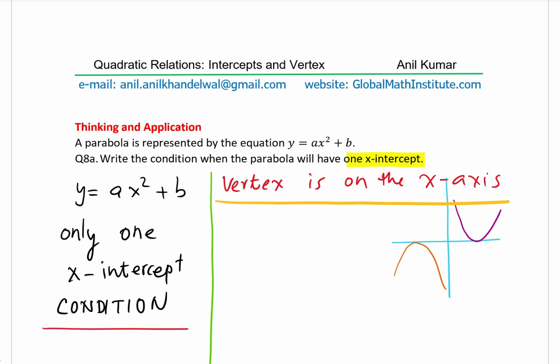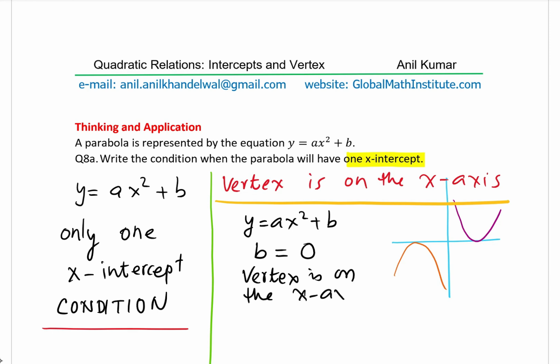And when is that possible? That is possible when in the equation y equals to ax squared plus b, b is equal to 0, vertex is on the x-axis.